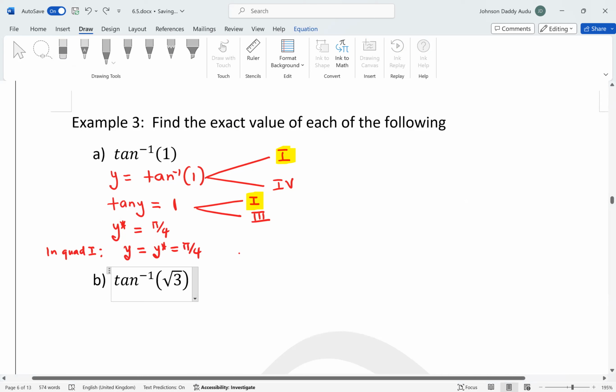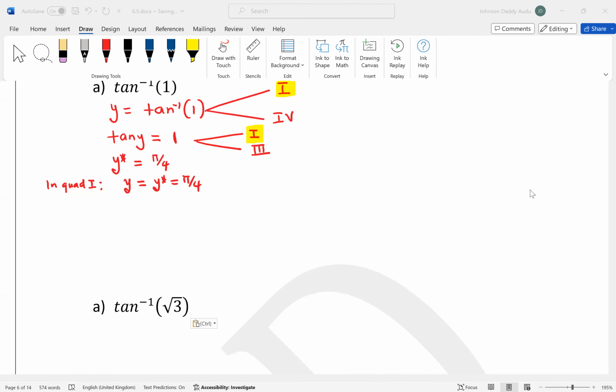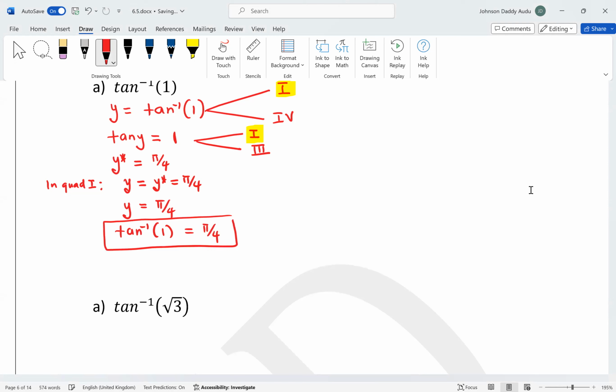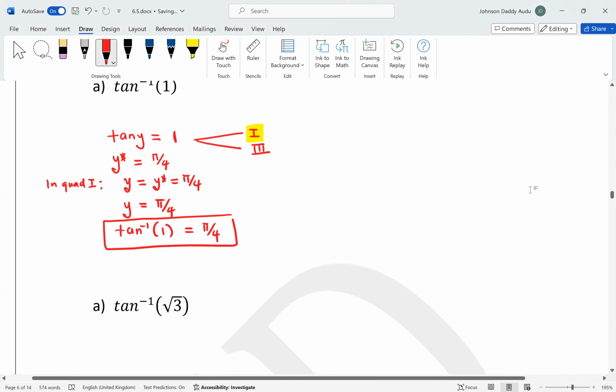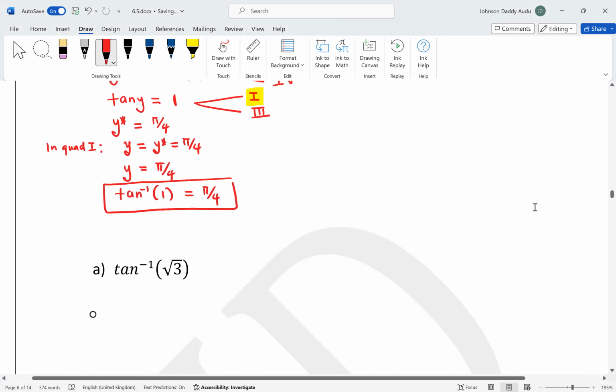So if you have y to be tan inverse, then here we can have just y equals pi over 4, right? But what is this y? This y is nothing but tan inverse of 1 equals pi over 4. All right, so again, tan again here, and this should be b.